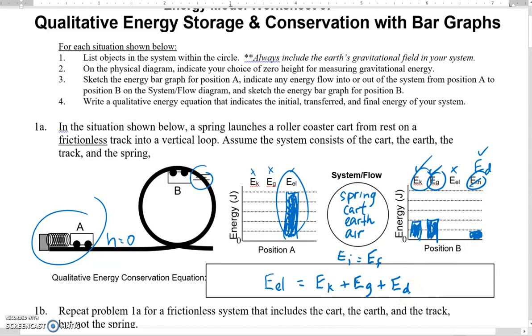And these are just general qualitative energy equations we're going to write on this worksheet. In the future, we'll be writing more detailed and quantitative equations. So your job is to do this for all of the questions on the worksheet, and I'll give one more example, and you'll do the rest.